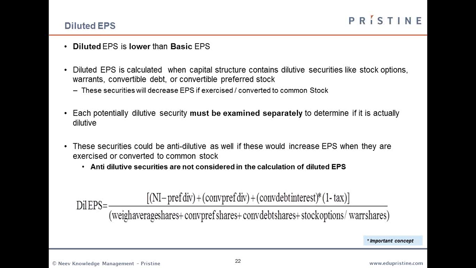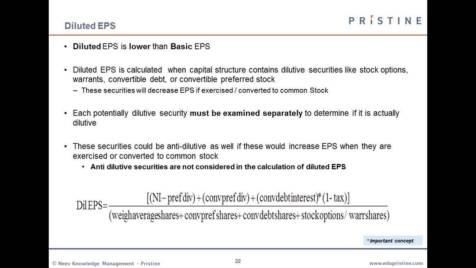Why do we calculate this? Because these have the potential to actually reduce your EPS. So each dilutive security must be examined separately to determine if it's actually dilutive, that is, whether it is actually reducing the value of the earnings per share.